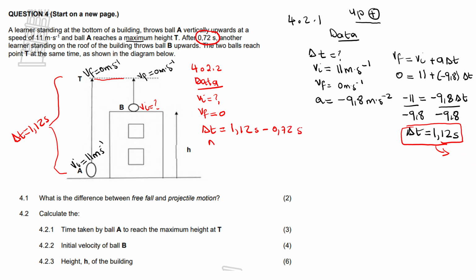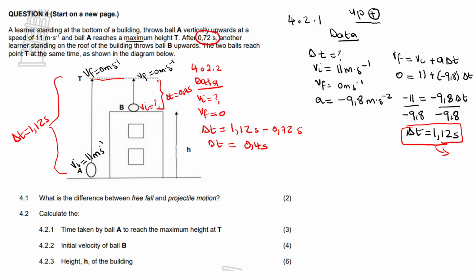Therefore, your delta t is equal to, let me quickly put this on the calculator. This will be 1.12 minus 0.72. So this is 0.4 seconds. This is the time ball B will travel through this part. So through this part, our delta t is just 0.4 seconds.